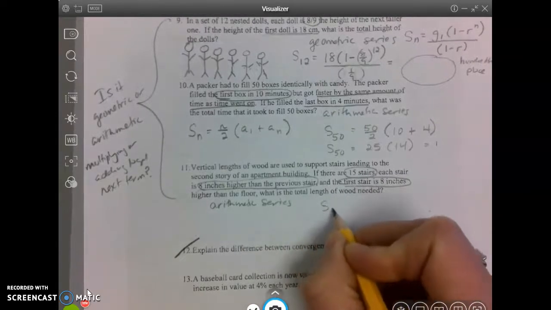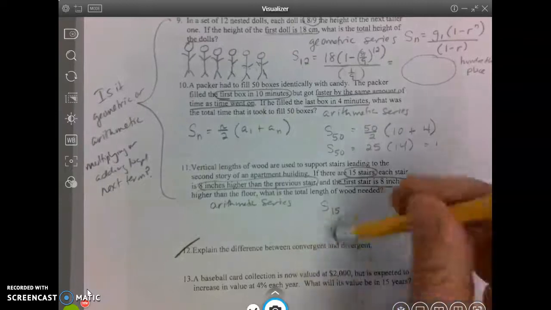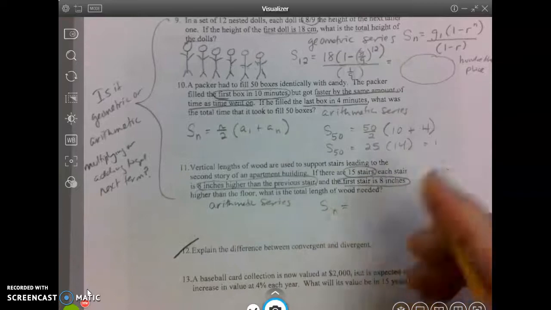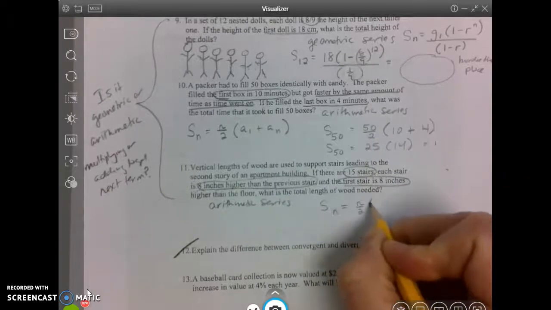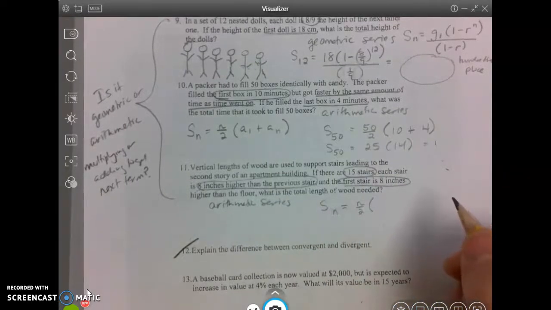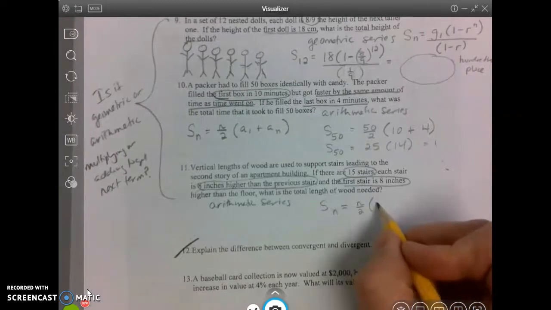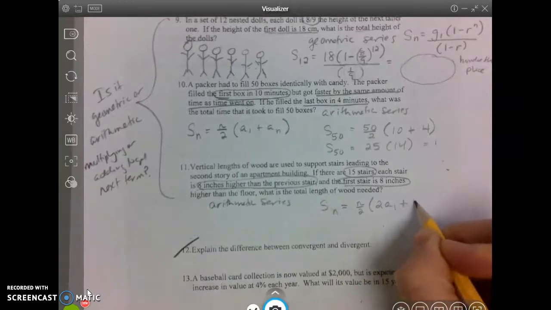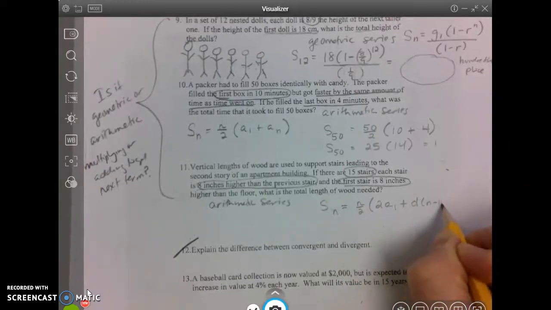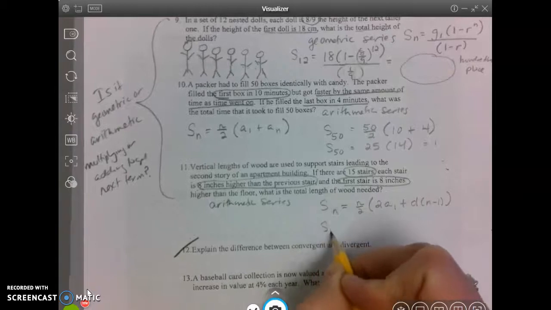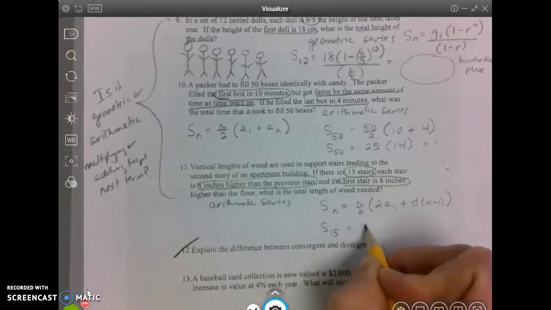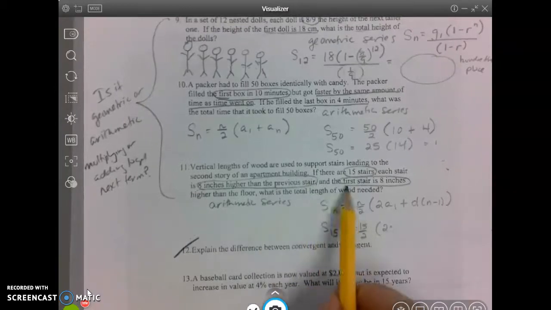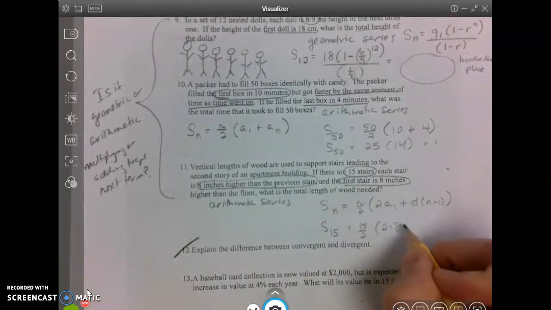So S sub 15. Well, actually, let's write down our formula first. S sub n. Now, this time I'm going to use my other formula because I don't know the height of the last stair. So I'm going to use n divided by 2 times 2 times the first stair plus the constant difference times n minus 1. So S sub 15 is 15 divided by 2 times 2 times the first stair. The first stair is 8 inches.